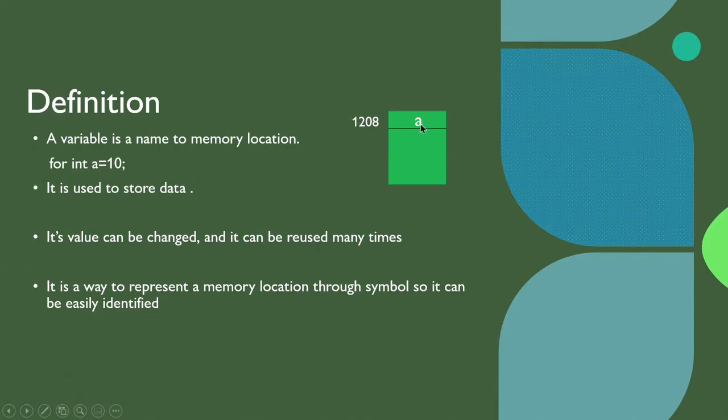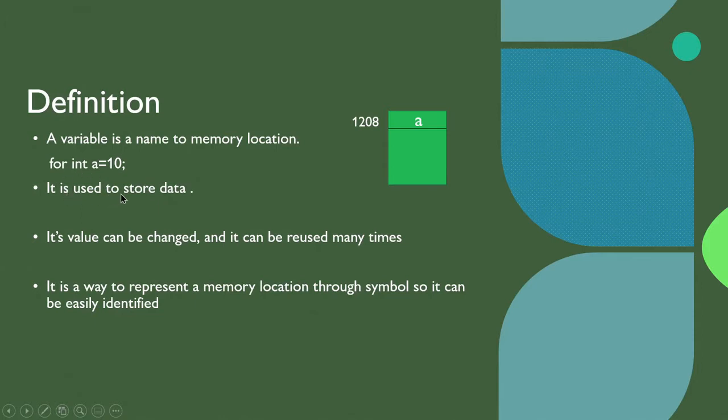In the memory, at location 1208 this value is stored, and when we need this value we just need to retrieve this a. So this a is used to identify the memory location, because we cannot remember these locations every time.